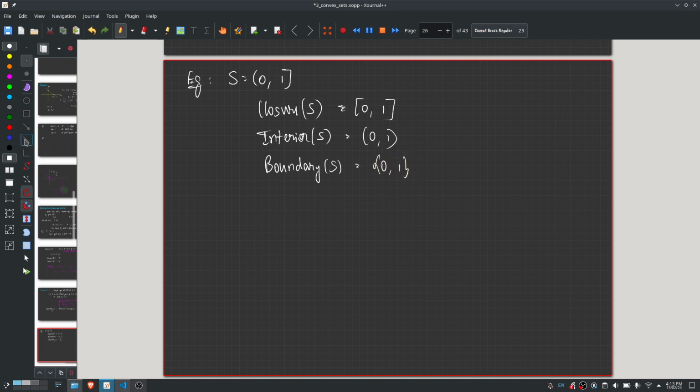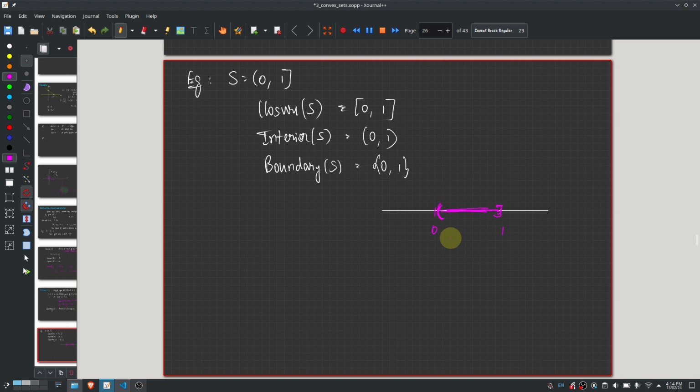I mean, you can also view this pictorially. So I have 0, I have 1. The set is the open interval, so everything that does not contain 0 but goes all the way up to 1, right?